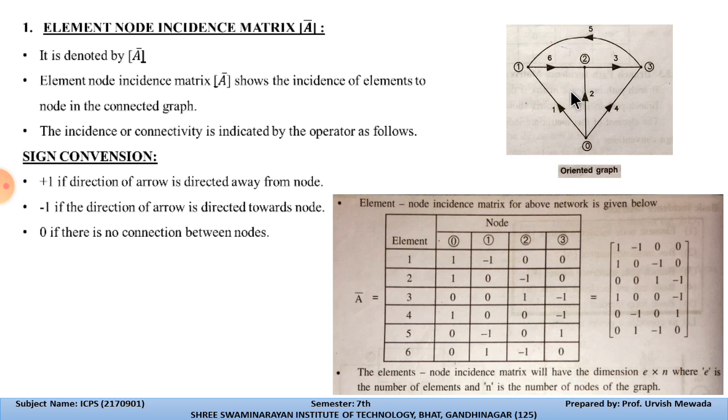It means we can check the incidence of the element, or we can say from that we can determine that a particular element is connected with a particular node. And what is the relation of a particular element with a particular node, we can determine with the help of the element node incidence matrix.